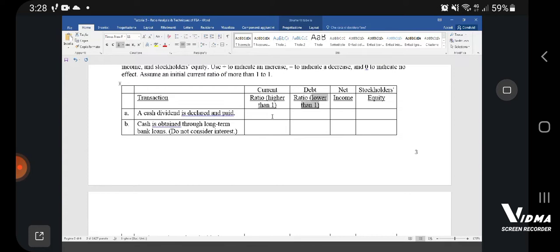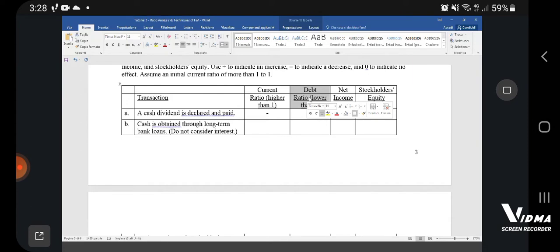Long story short, the current ratio is going to decrease because the current assets are going down, but not the current liabilities. In the debt ratio, which is total debt to total assets, the total debt will not change, but the total assets will decrease because I'm paying money.